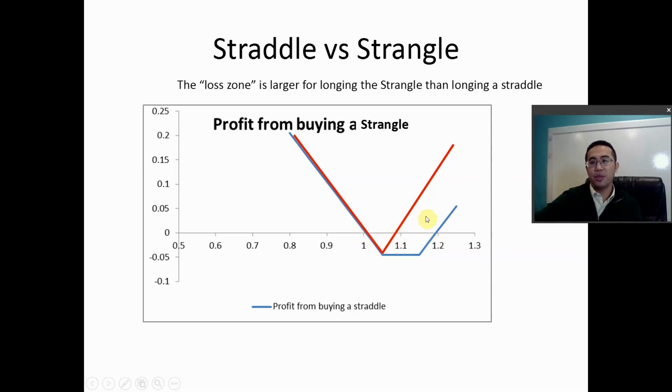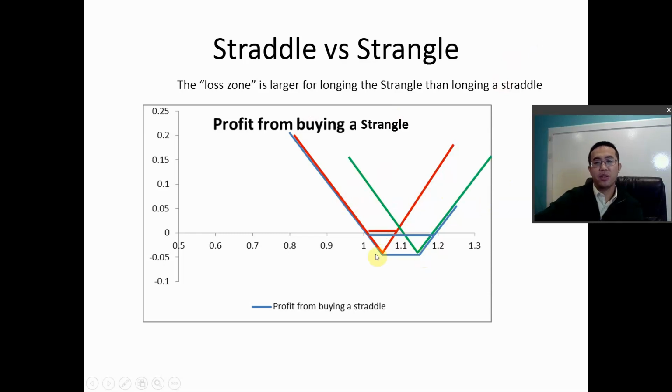So which option combination is better? I would say the straddle is better because the loss zone is smaller. You have less chance to lose money. But why do these two financial derivatives coexist? Here I give you another straddle, which is the green curve.